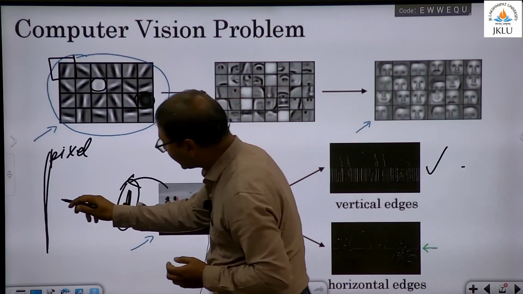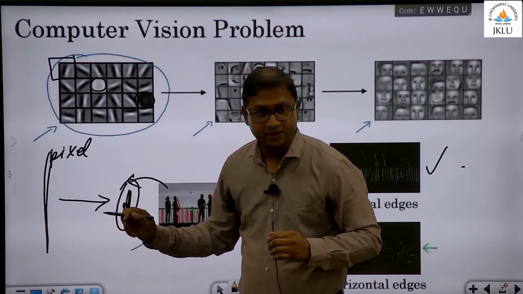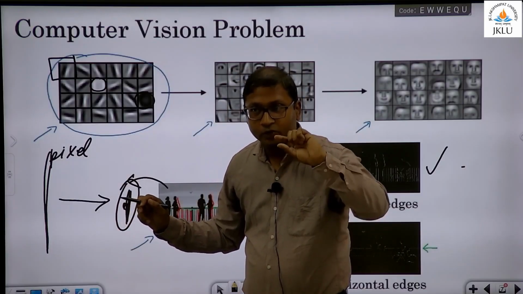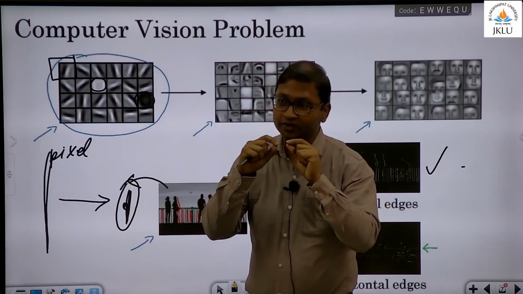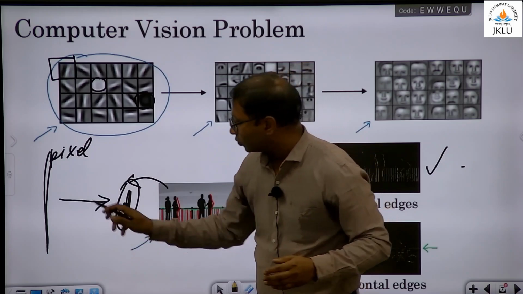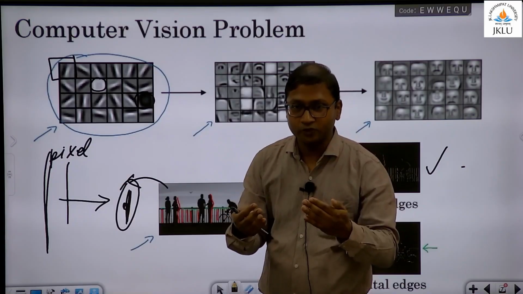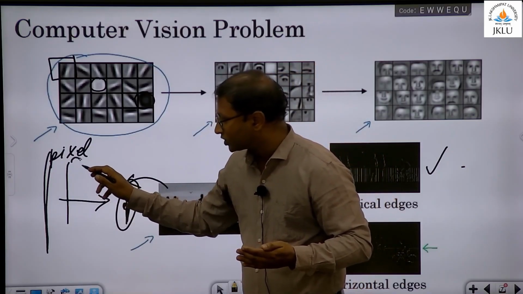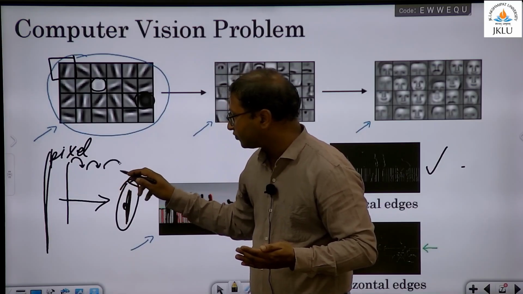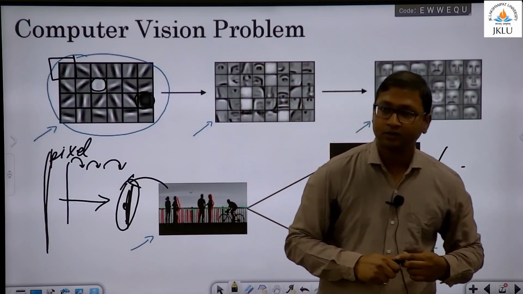What will be done by these hidden layers? You take these pixels, transform them to something which can be built by using pixels. Whatever you have here, transform it to something that can be built by using those things, and you keep on doing this so that finally you reach an image level thing.